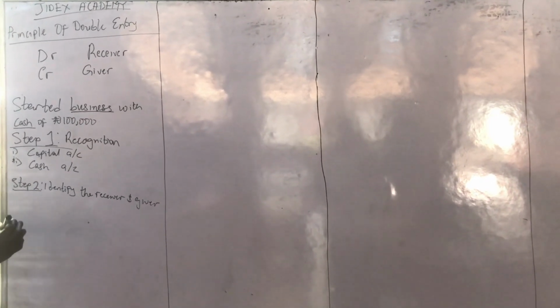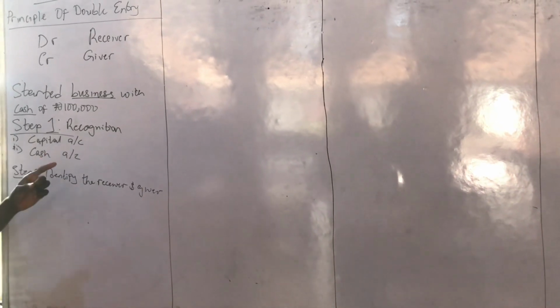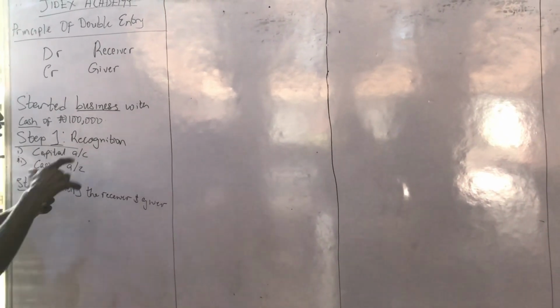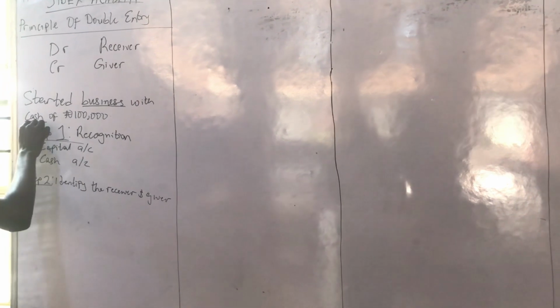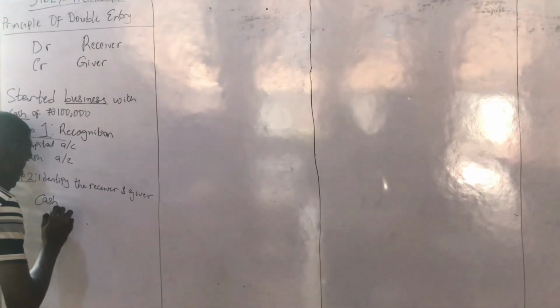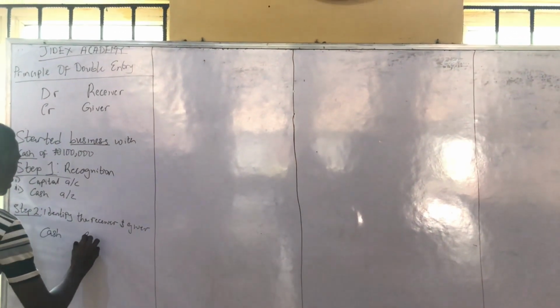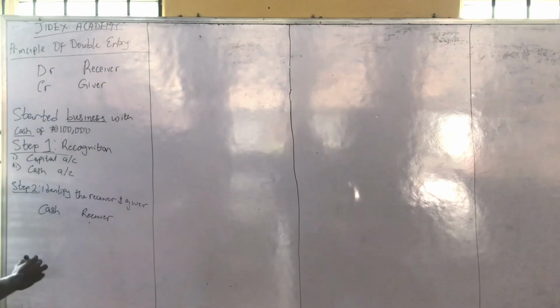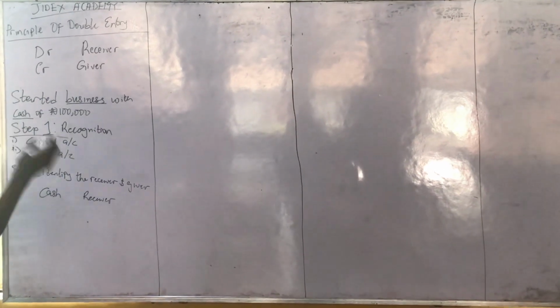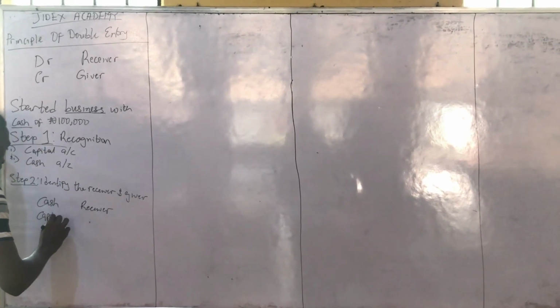You might say that the business is receiving money. Yes, you are correct. The business is receiving money in the form of cash. So cash is the receiver. Then who is the giver? Capital, since capital is used to start a business.